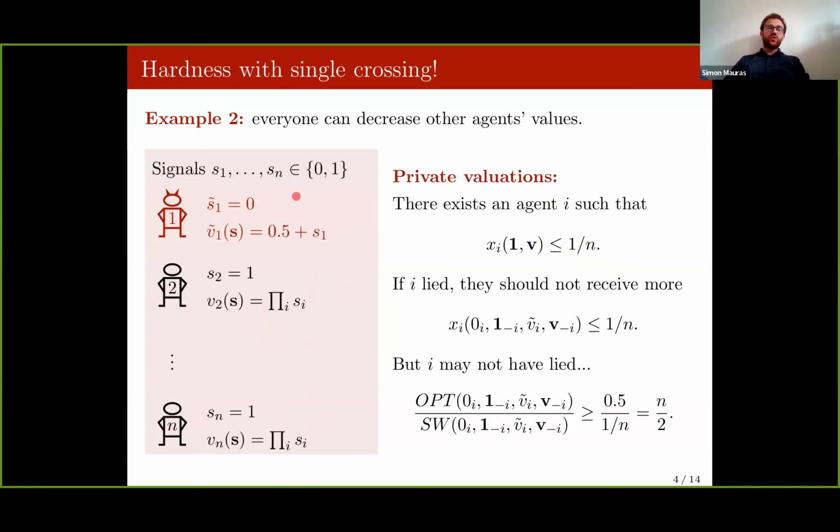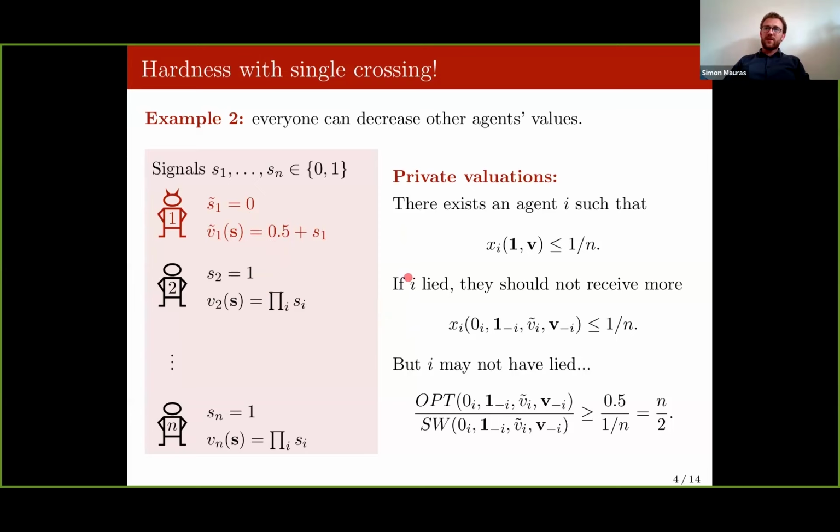But to be sure this person gets the item, they misreport their valuation function to be positive, although the signal is 0. You can check this is still single crossing. Here the only person with a positive value is going to be agent 1.